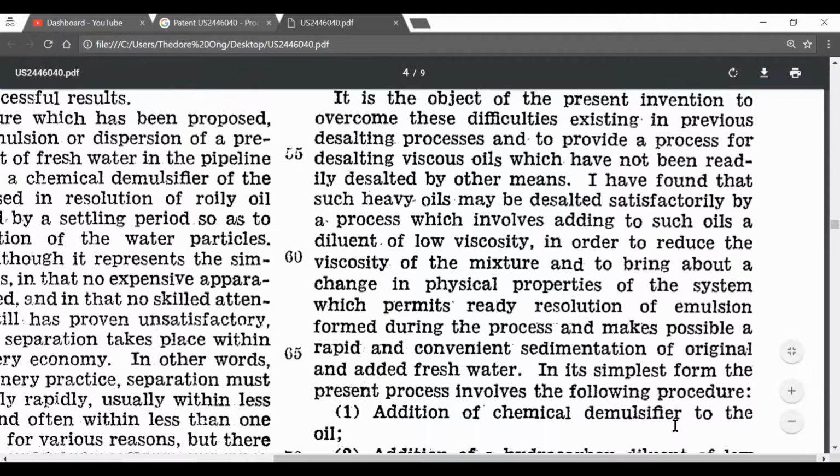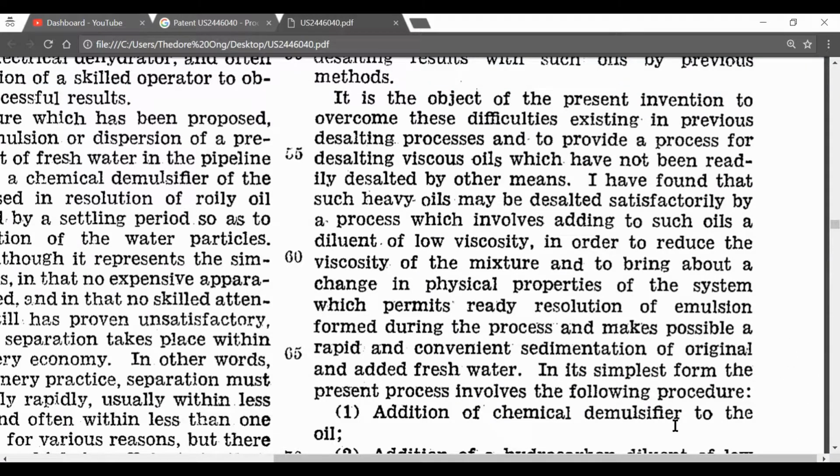Basically what he's saying is that if the oil is too thick, use thin oil such as diesel. You can dilute that oil with diesel to lower the overall viscosity so that the oil can settle faster.